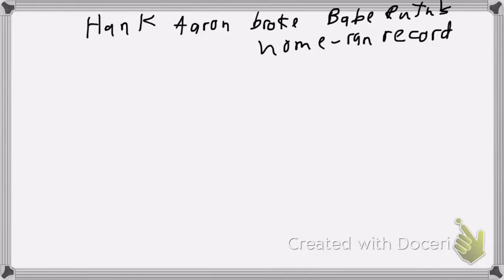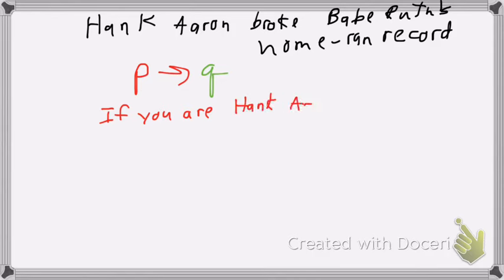We need it to be if P, then Q. So I'm going to put our hypothesis here, our P part, is if you are Hank Aaron, and then we just need our conclusion.